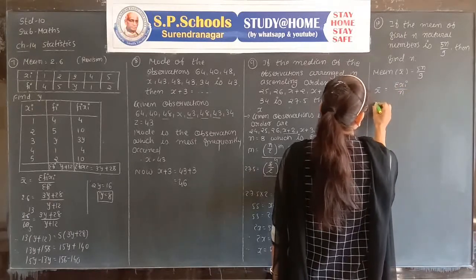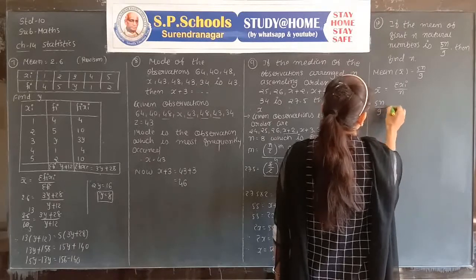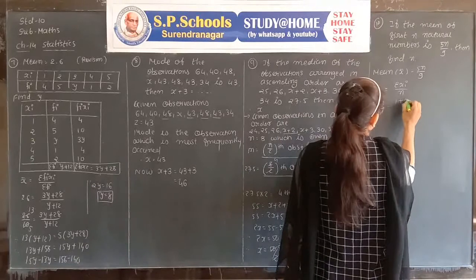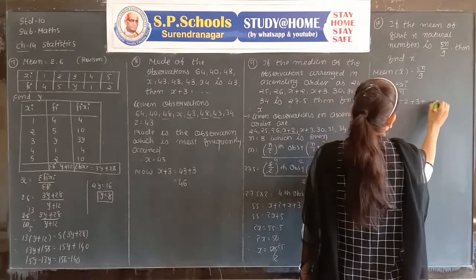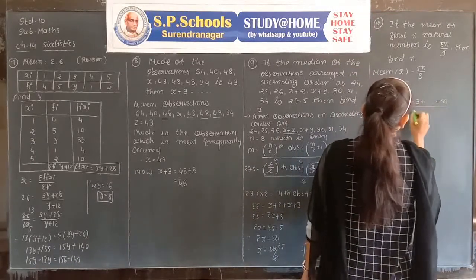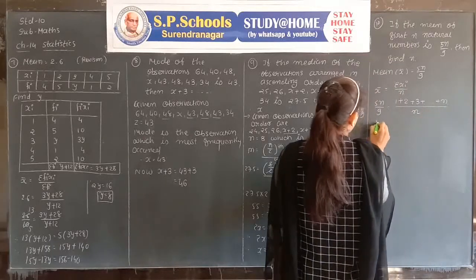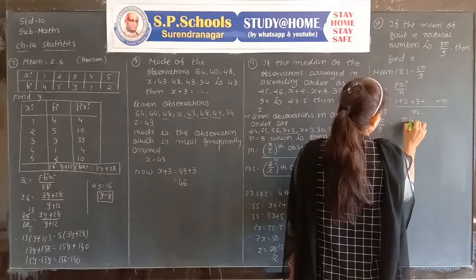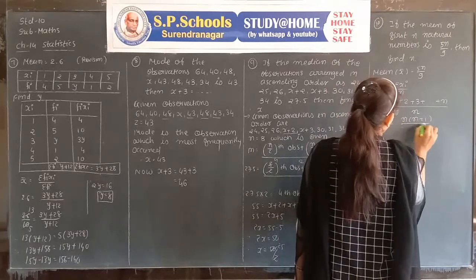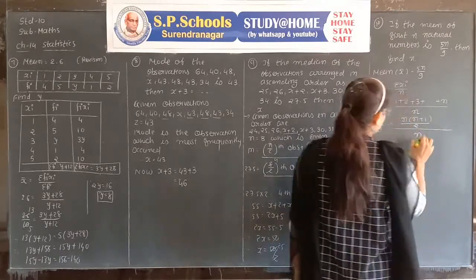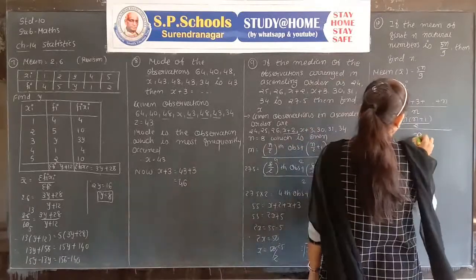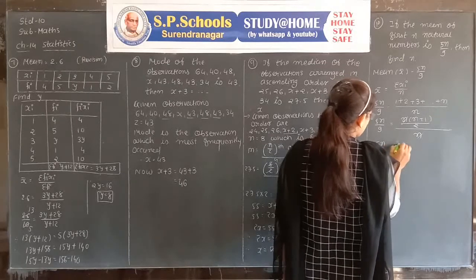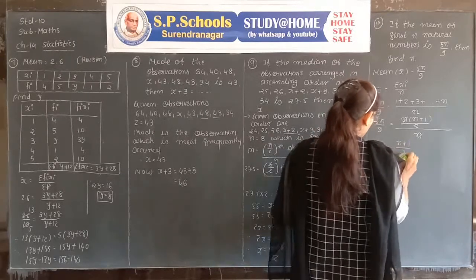We need to find the mean of the first n natural numbers: 1 plus 2 plus 3 up to n upon the total number of observations, which is n. 5n upon 9 is equal to n into bracket n plus 1 upon 2 in whole, denominator again n. Now n is cut here, remaining 5n upon 9 is equal to n plus 1 upon 2.